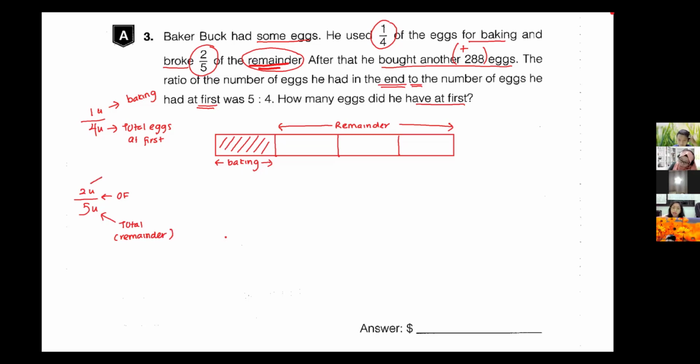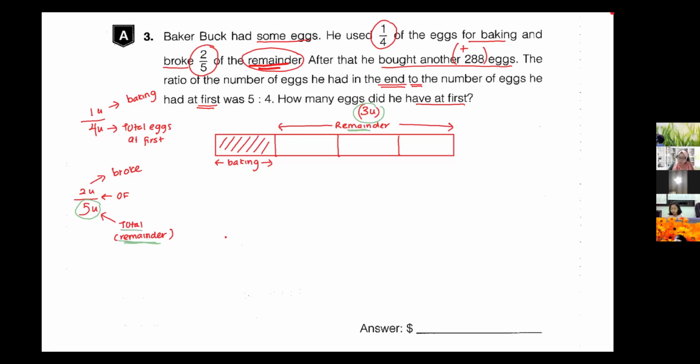The 2 units here are the eggs that he broke. Now, I want to bring to your attention the remainder. Over here, in my model, the remainder is 3 units. But over here, in the fraction, it is 5 units. 3 units, 5 units, and they're talking about the same remainder.